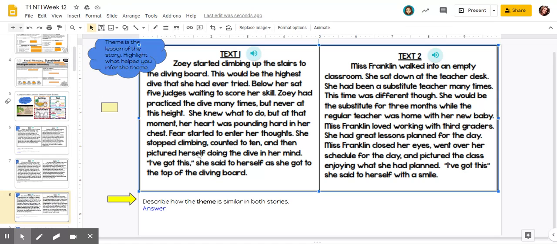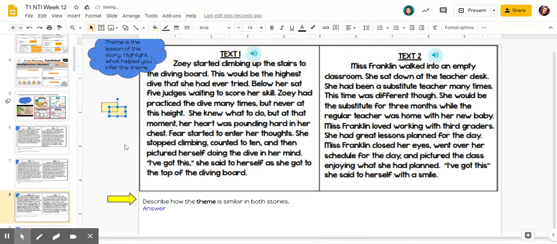And then you'll be able to show where you got that idea, where you got that information, and then answer the question. And remember, you're going to describe how the theme is similar in both stories. So once you figure out what the theme is in both stories, then you're going to tell me how you know they're similar.